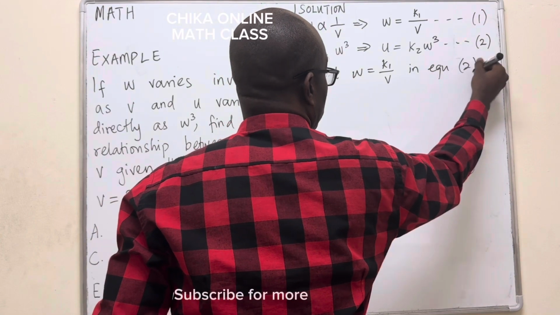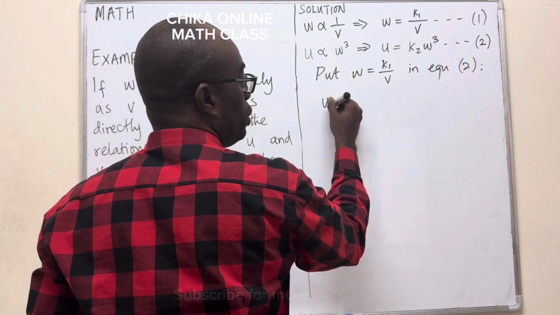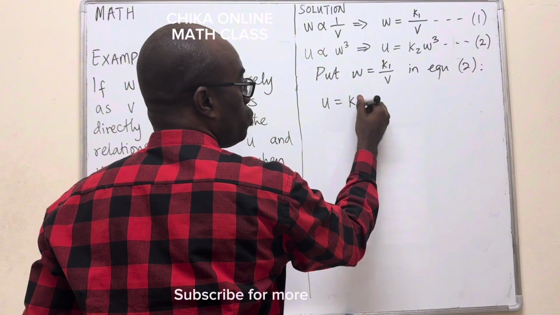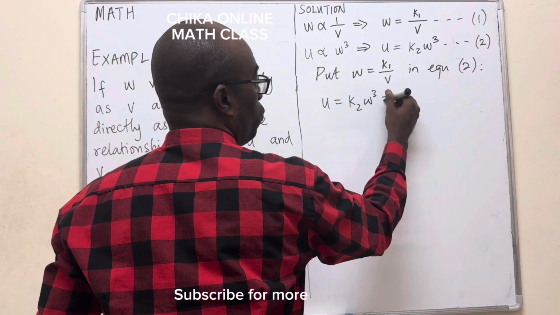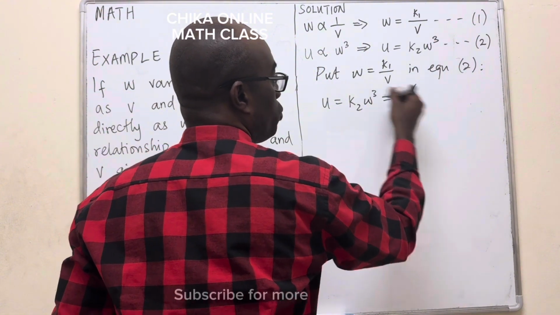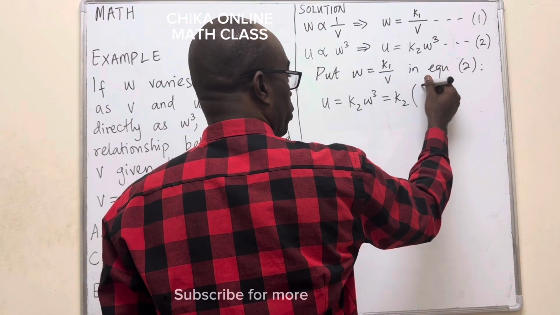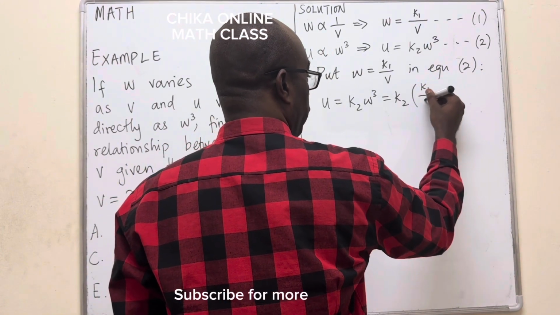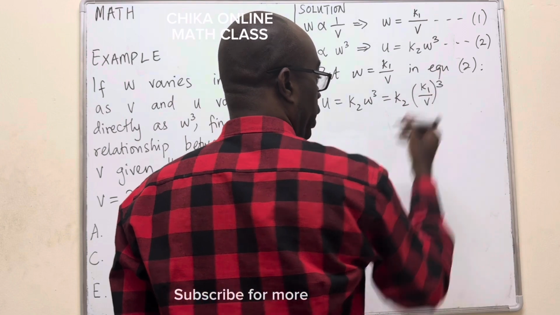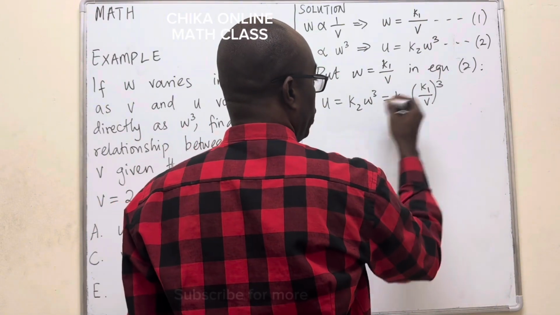Okay, so equation 2 is u equals k2 w cubed, which is k2 times, and you now substitute the expression for w, so k1 over v, all cubed.